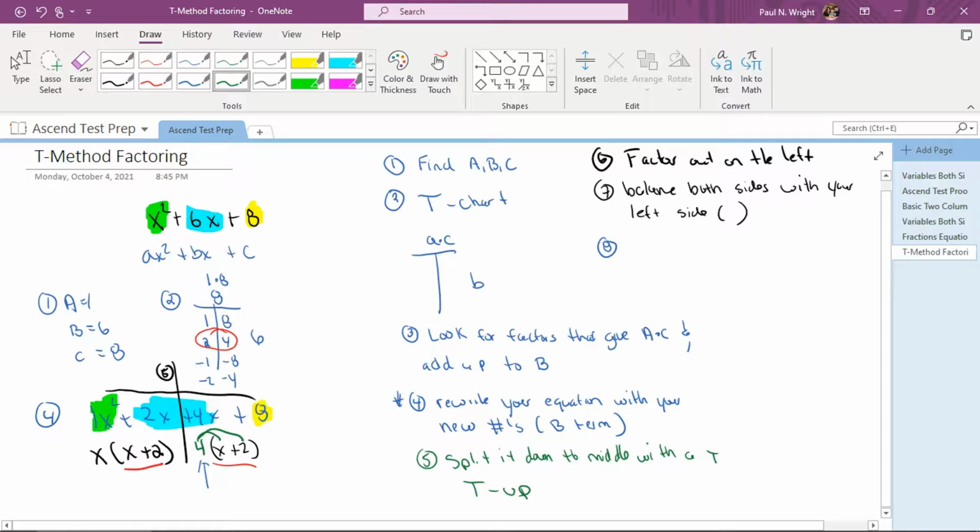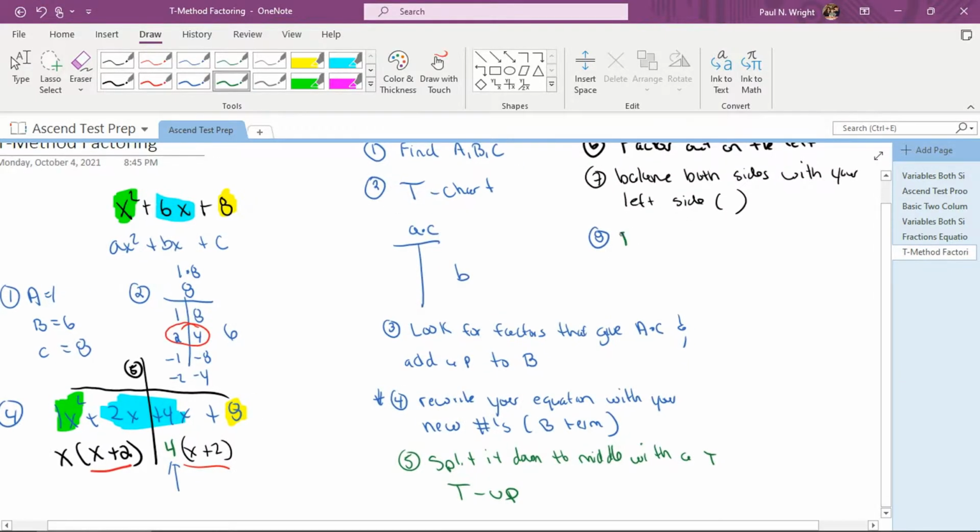So that magical number has to be 4. You take away these little arches. Step 8, find the number that makes the right side true.